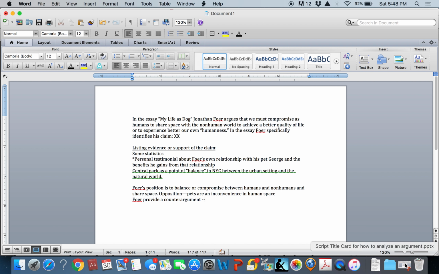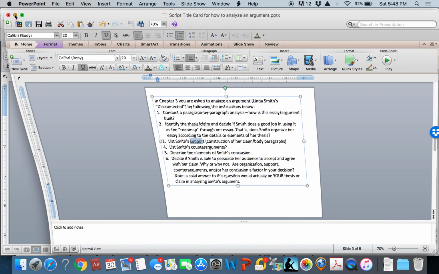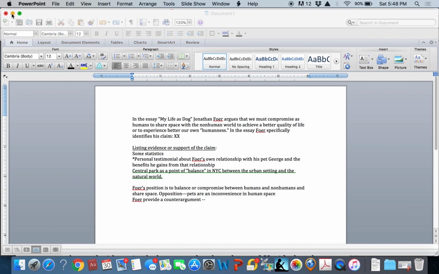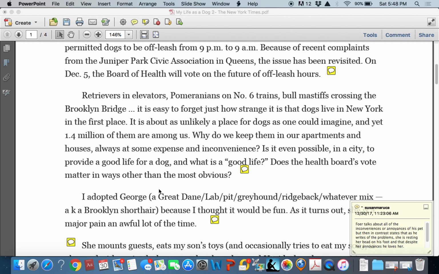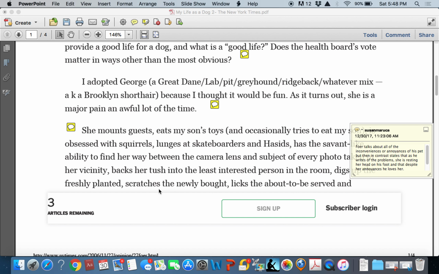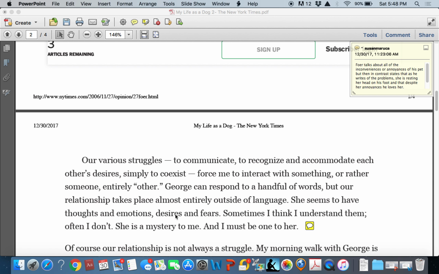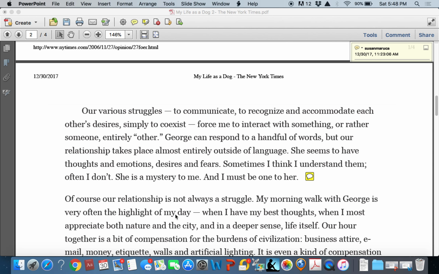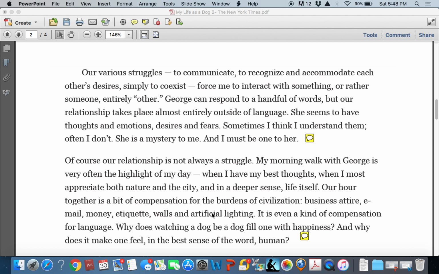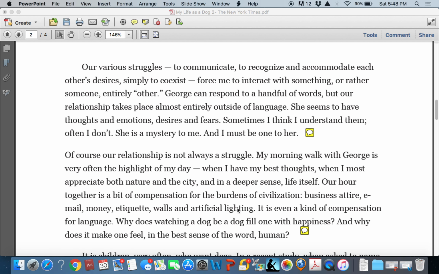He basically says that yes, they are an inconvenience, but paradoxically, they are worth it. And if you look back again, he says here that yes, she is a pain. I admit that. But his relationship with her gives him happiness, and he feels more human. That escape from his job, from the burdens of civilization.